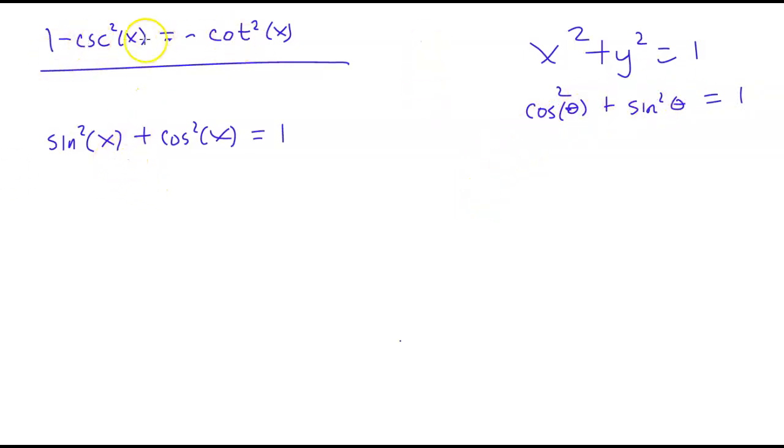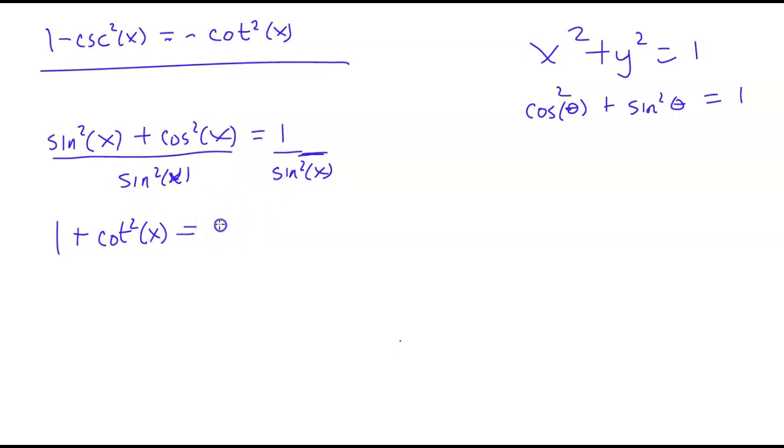So here, to get this in this form, we need to divide both sides by sine squared. And if I do that, then sine squared divided by itself is just 1. Cosine squared divided by sine squared is cotangent squared.